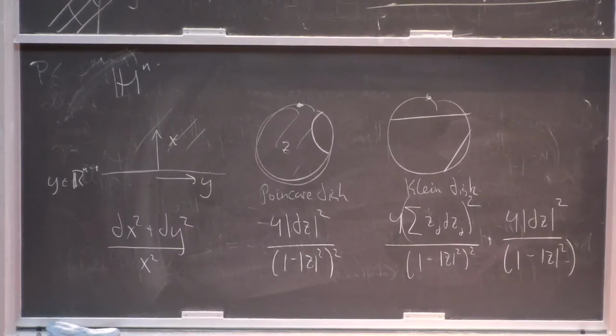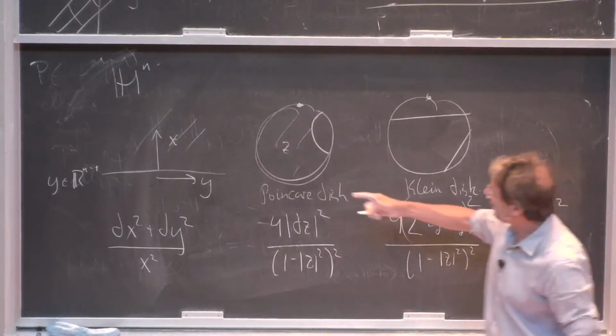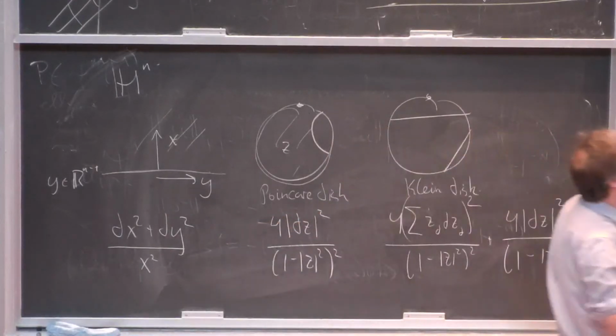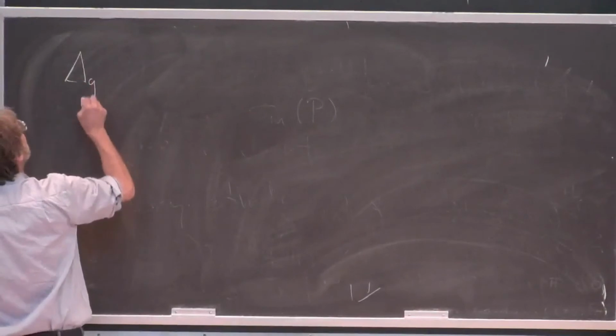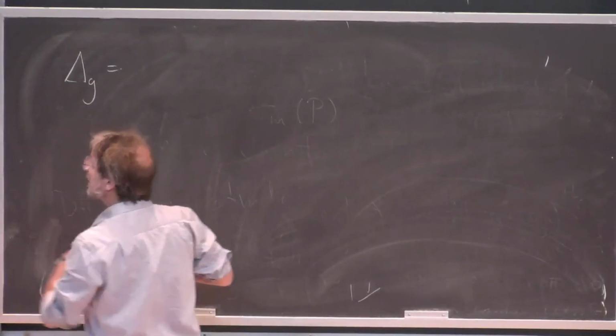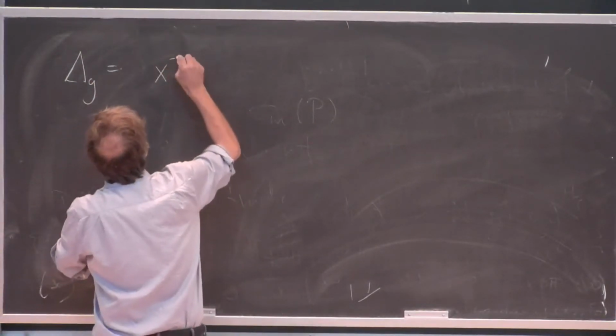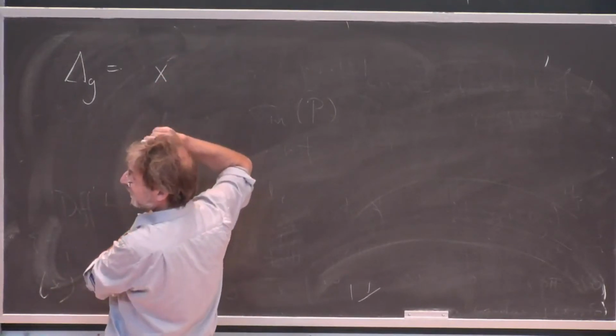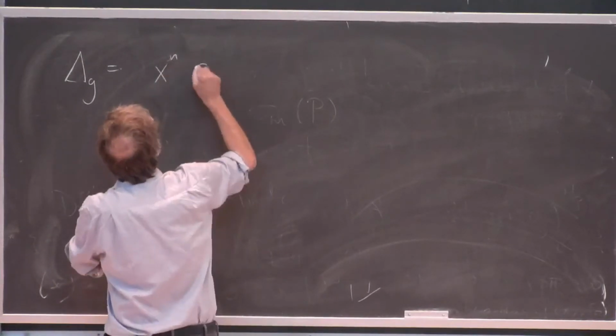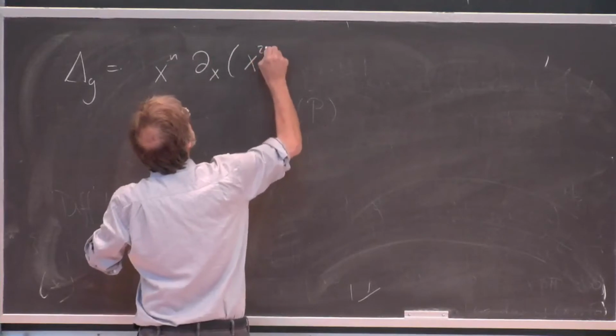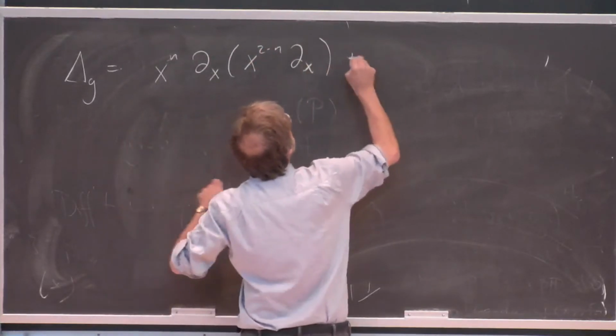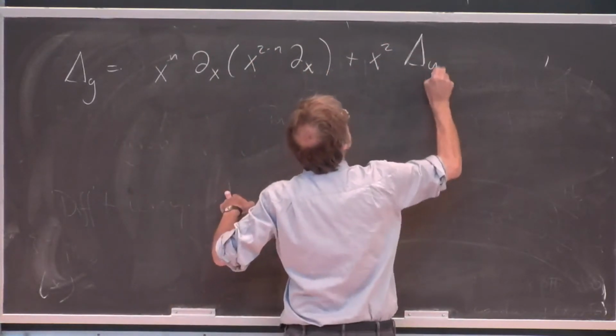Okay, I can write down the Laplacian, and again, it's going to look nicest in these coordinates. So I'm going to write down the Laplace-Beltrami operator. It's going to look like x to the n d/dx of x to the 2 minus n d/dx, plus x squared times the Laplacian in the y variables.